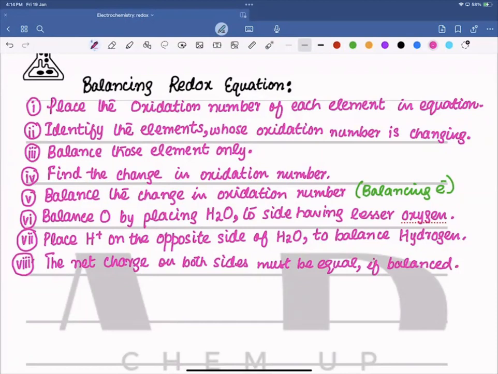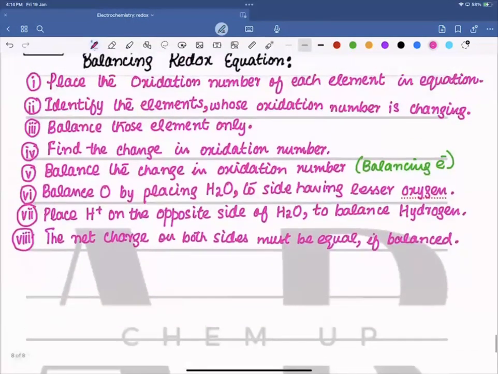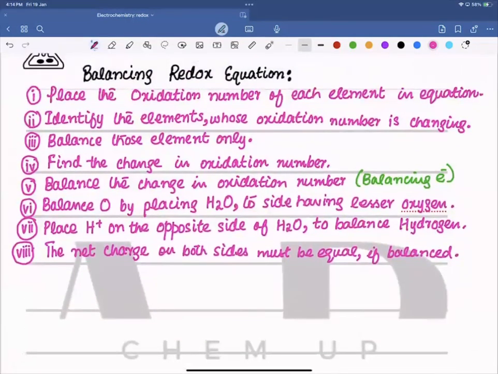So if your equation is balanced correctly, then when you check the charges on both sides of the equation, you will find that both sides have an equal number of charges. The net charge will be equal. So it means your equation is balanced correctly. Is this clear? Yes, sir. Yes, Ahmed. Yes, sir. Okay.